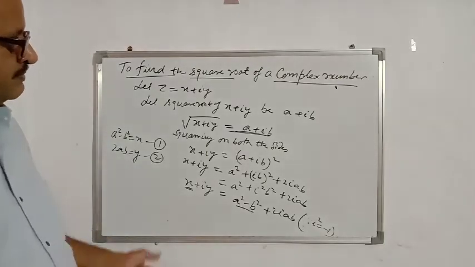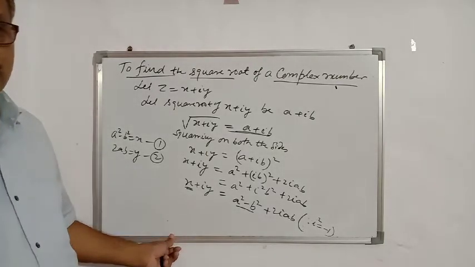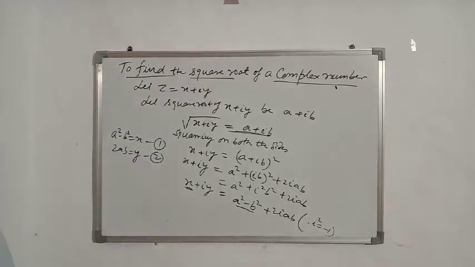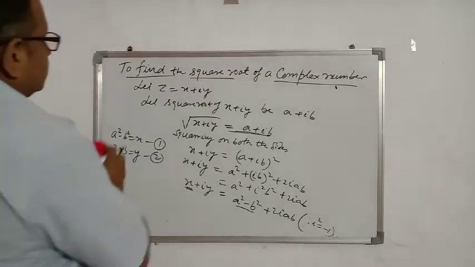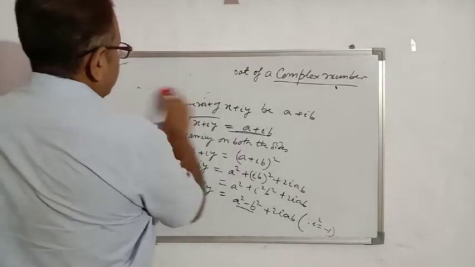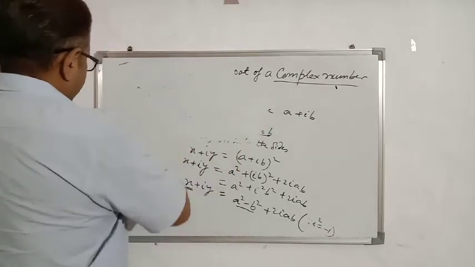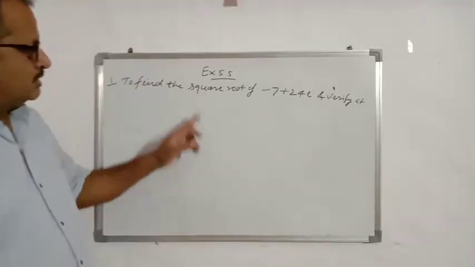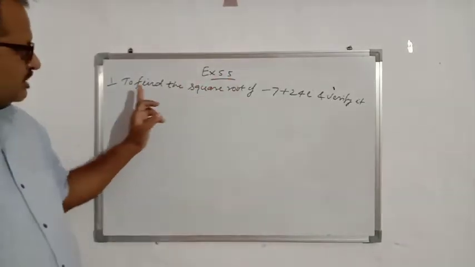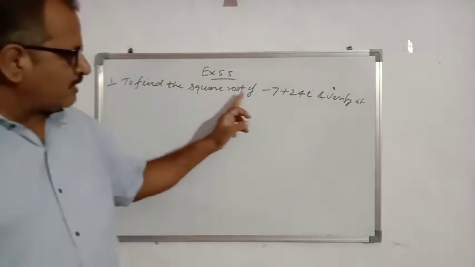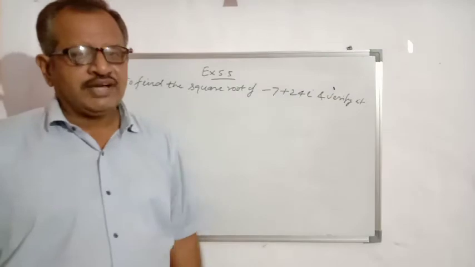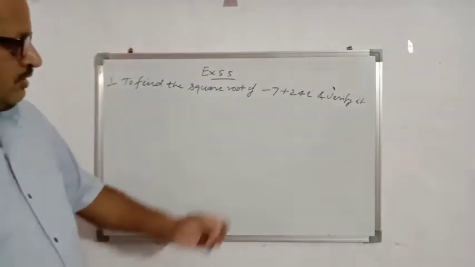So see the question of exercise 5.5, question number 1. Find the square root of minus 7 plus 24i and verify it. So how will we find it?